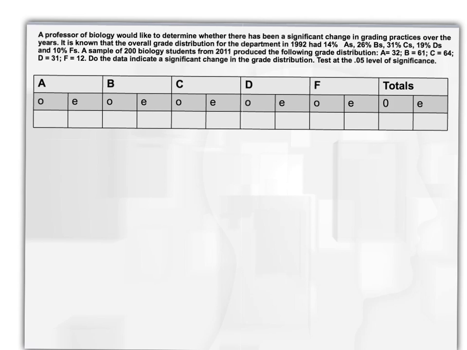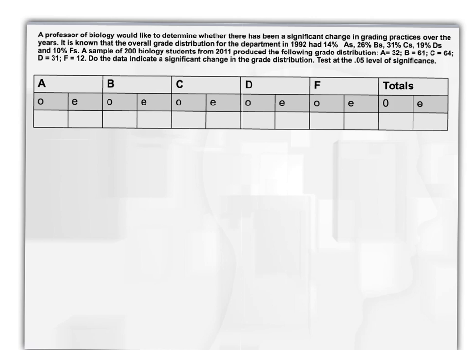But there's one principal difference. You're shown that in the past, we expected 26% A's, 31% B's, and so on. We have data from the past which tell us what to expect. In the previous problem, we were given no such information. We were simply told there are 120 students. They were asked what they prefer. And we said, well, if there were no differences, then we would expect that the frequencies for each design would be the same.